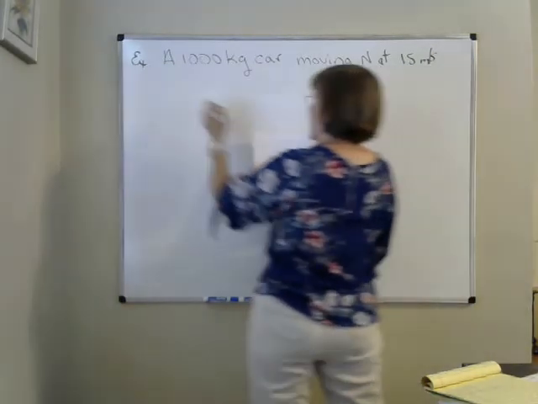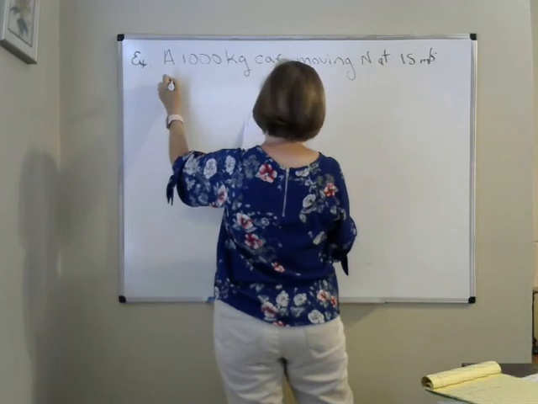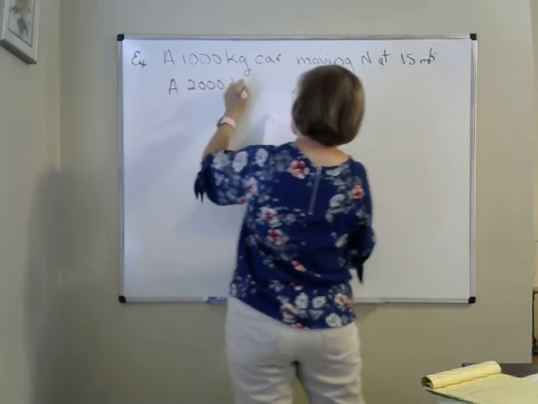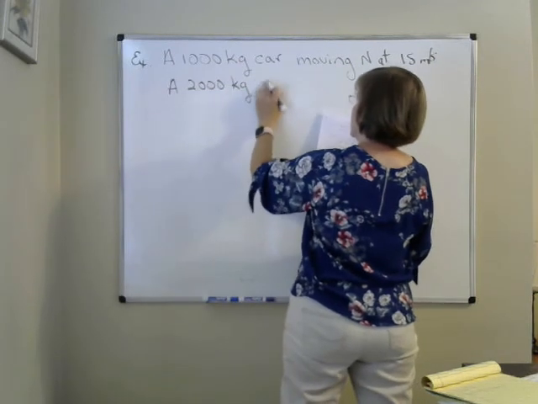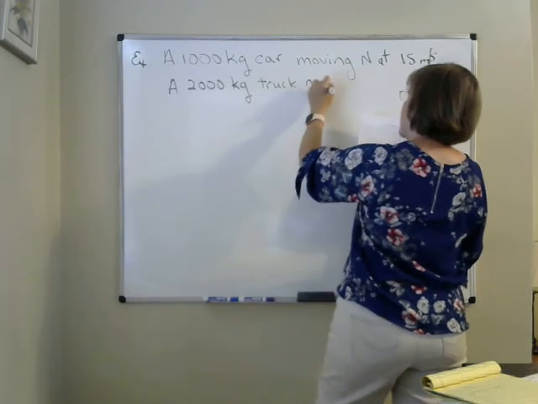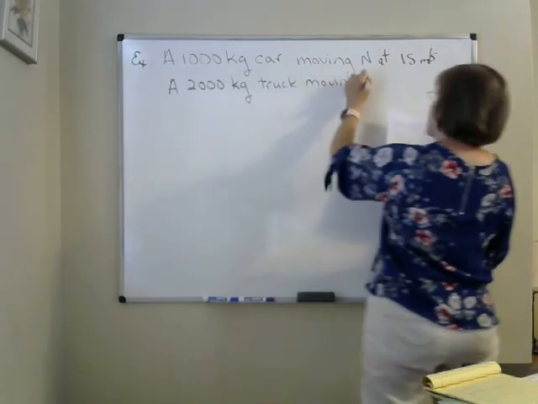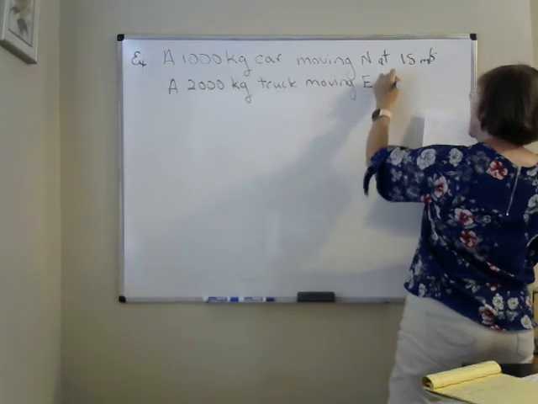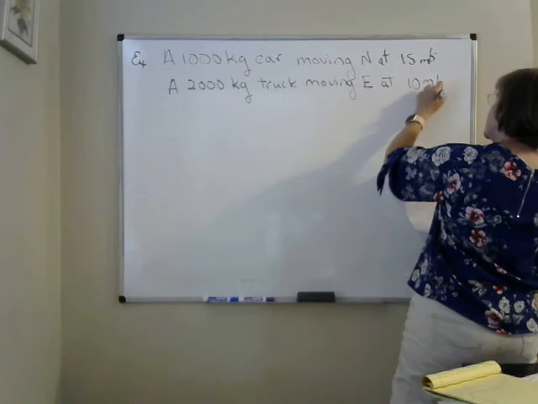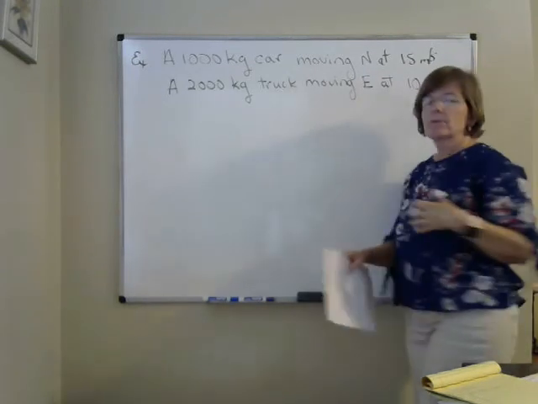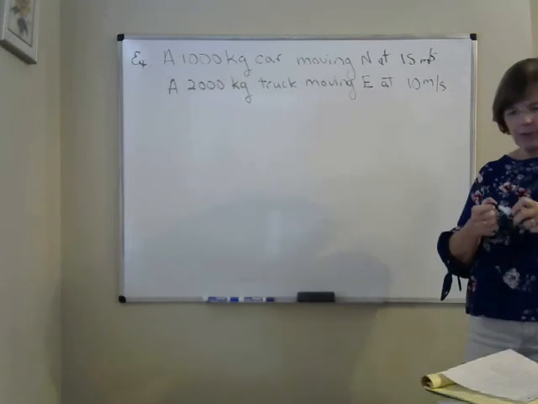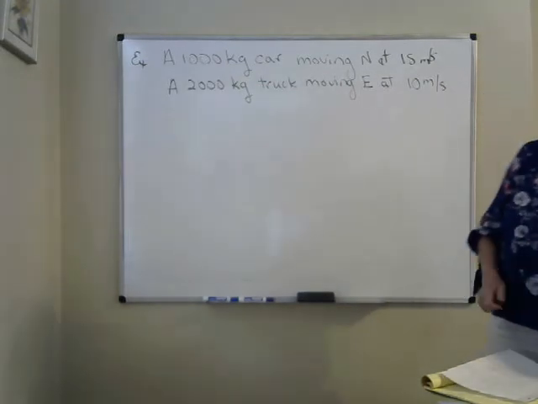We also have a 2,000 kilogram truck moving east at 10 meters per second. For now, it goes on to say that they're going to have a collision, but for right now, all I want to know is how much momentum does my system have?